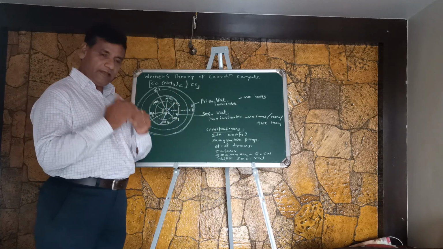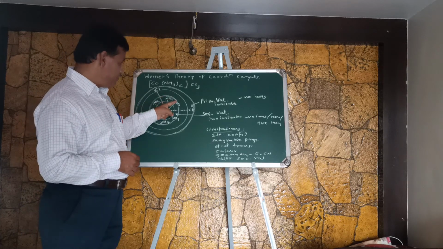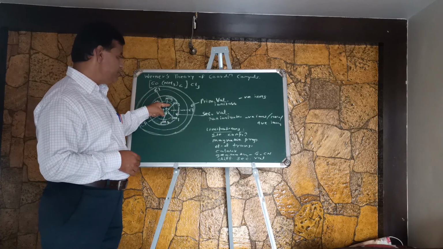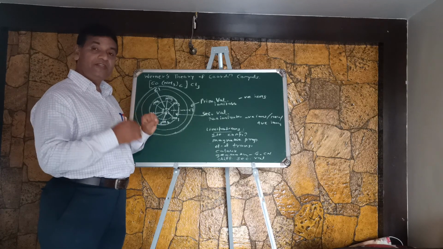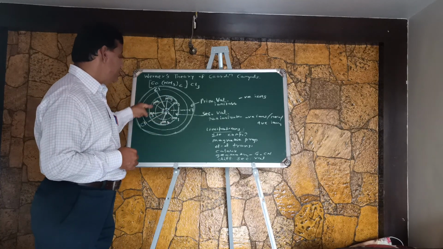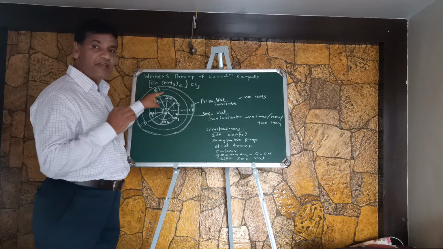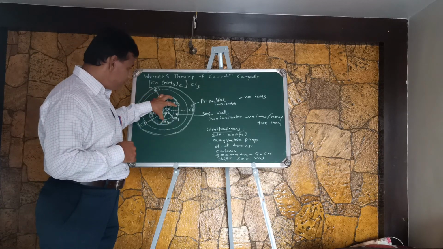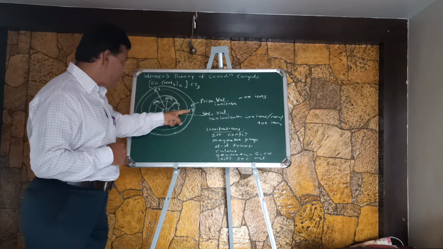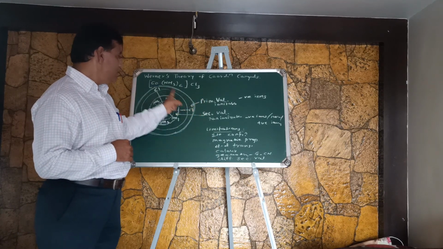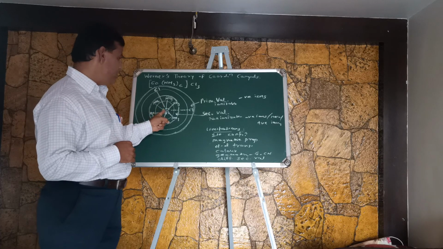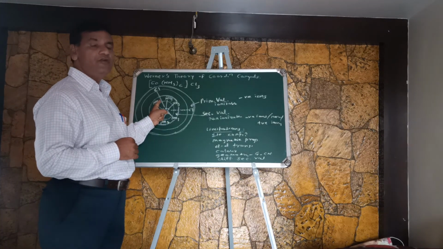Whatever ligands are present in the inner sphere, this valence is called the secondary valence. So inside there is the secondary valence, and outside of this secondary valence there is the primary valence. I have shown here the primary valence, in which 3 chloride ions are bonded to this centrally placed cobalt metal.